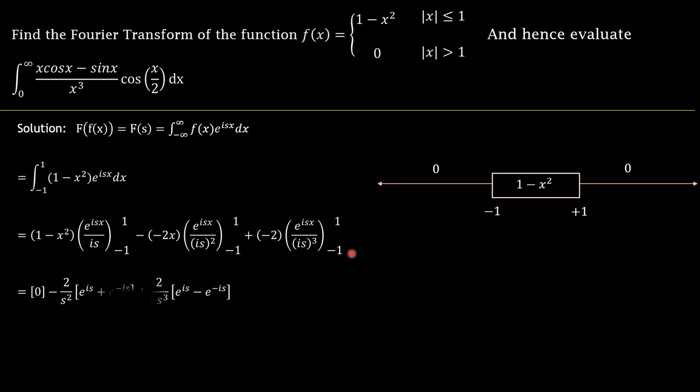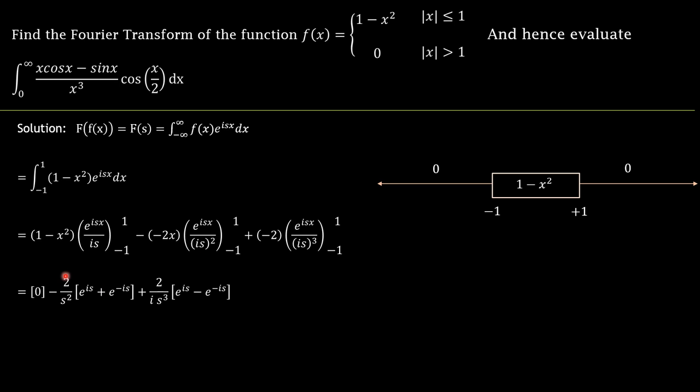Just apply the limits and simplify it. Since you are having 1 minus x square in the first term, the whole term reduces to 0. And when I am applying the limits for the second term, it is minus into minus plus, but you are having i square in the denominator, which is nothing but minus 1.